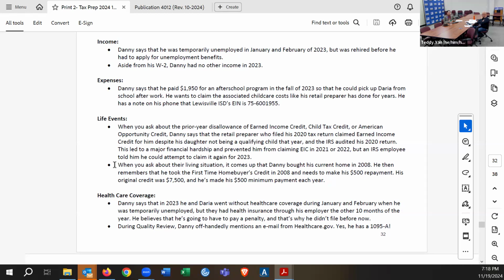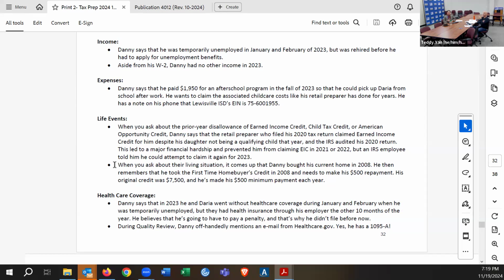But the long and short of it is, people who got the first-time homebuyer's credit in 2008, very specifically, were required to repay $500 of that credit every year afterwards, every tax year afterwards. And it comes due with their return as an additional tax.